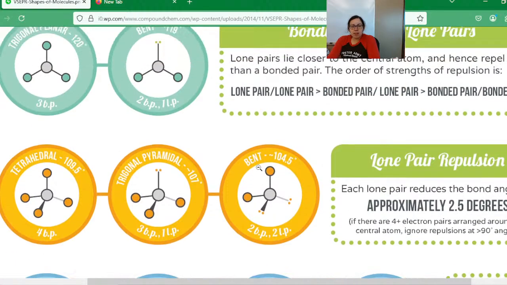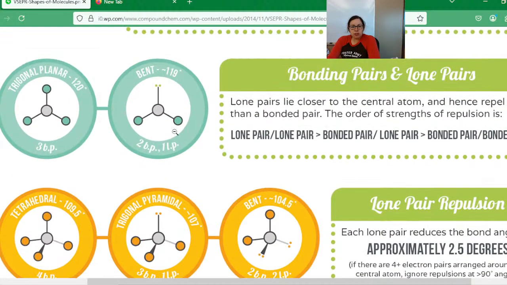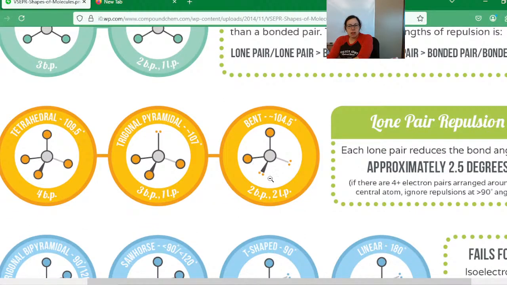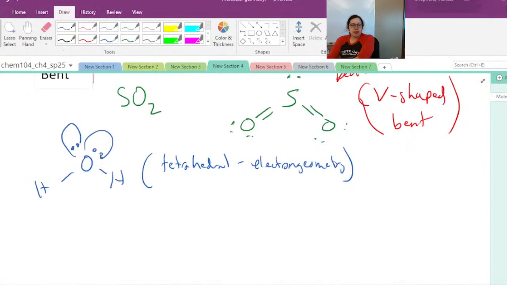So that creates different angles. So again, if you really wanted to get into it, you could compare these 2 bent angles. The SO2 one is larger at 119 versus the water one. It's always 104.5 for the water, so that's classic. But again, in this class, we'll just call them both bent here.